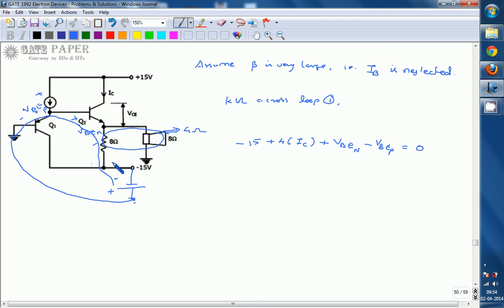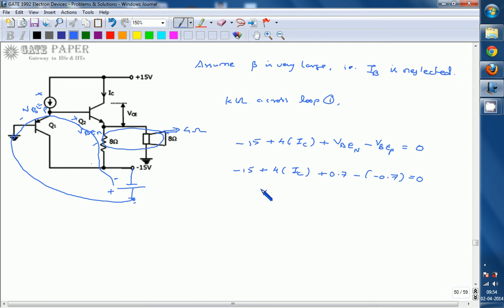So now the KVL is minus 15 plus 4 times IC plus VBEN minus VBEP. VBEN is plus 0.7 volts. VBEP is minus 0.7 volts. So minus into minus becomes plus. So minus 15 plus 4 times IC plus 0.7 minus of minus 0.7 is equal to 0. That gives 0.7 plus 0.7, 1.4.